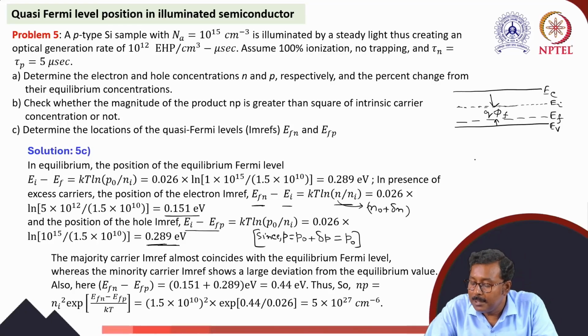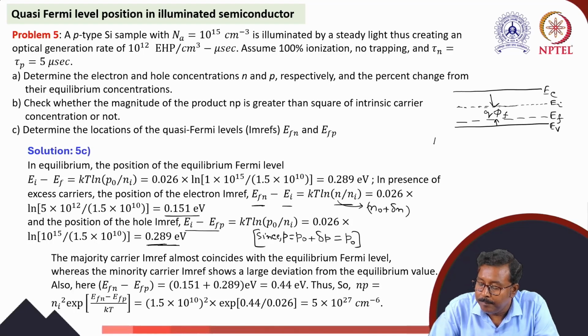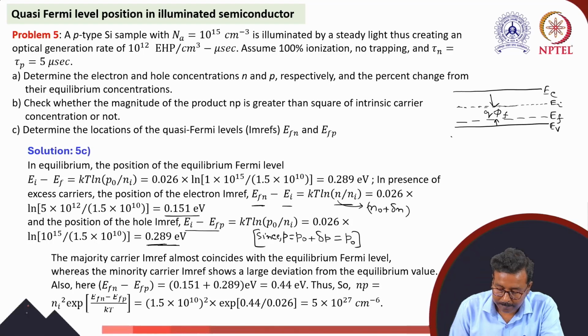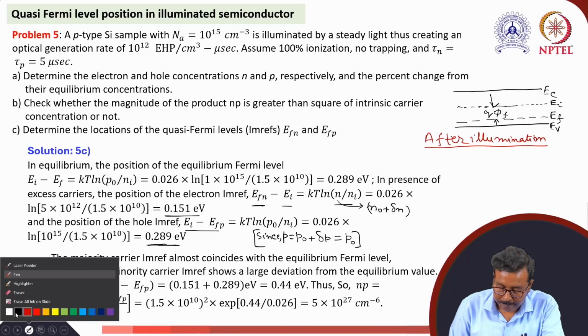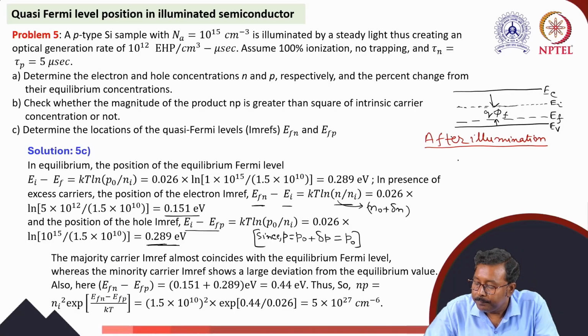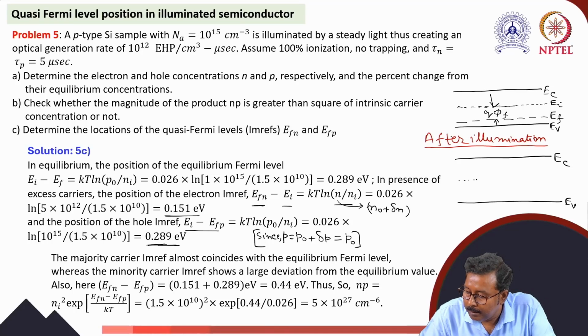So it looks like this under illumination, after illumination. Suppose this is EC and EV, this is EI.